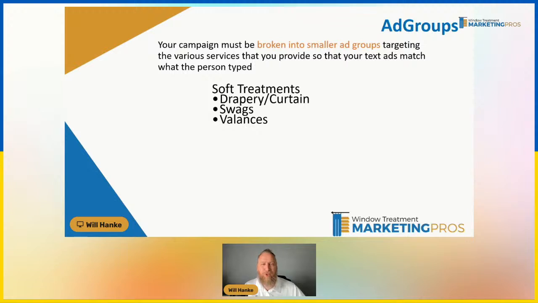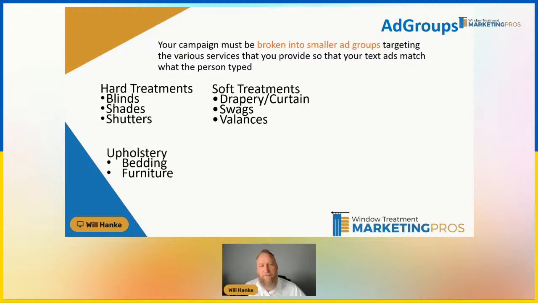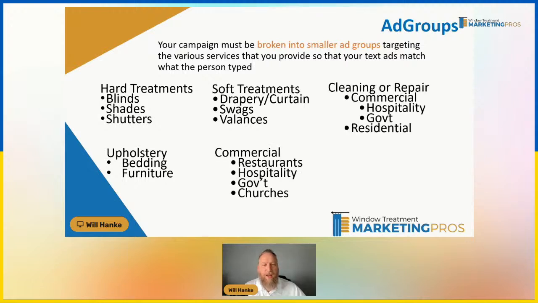So maybe that particular ad group just doesn't perform well, and you'll be able to see that. If you're running one on hard treatments, you might want separate ad groups specifically for blinds, shades, shutters. So there are a lot of different ways to do these ad groups and start to break these out accordingly.